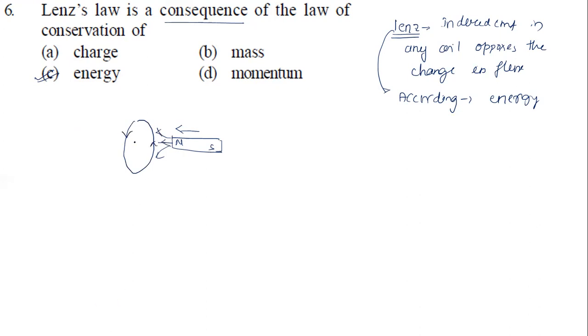So it will act like a North Pole, and the two poles repel each other. We are doing work against this repulsion, and that work appears in the form of energy. That's the reason we say it is conservation of energy.